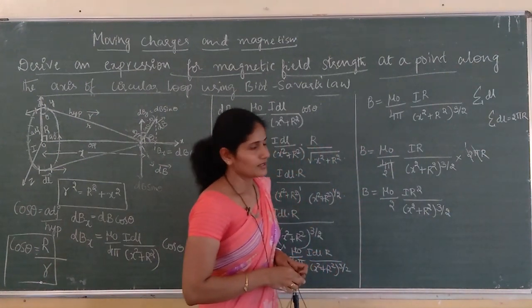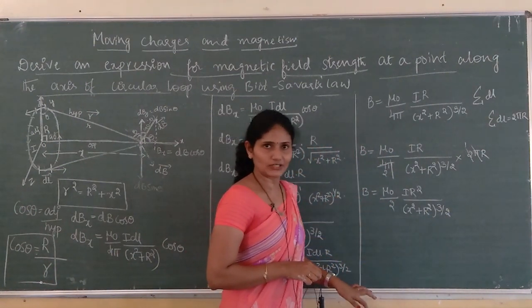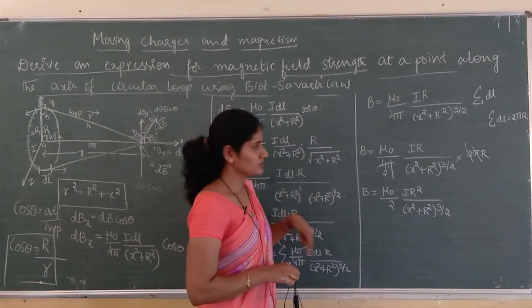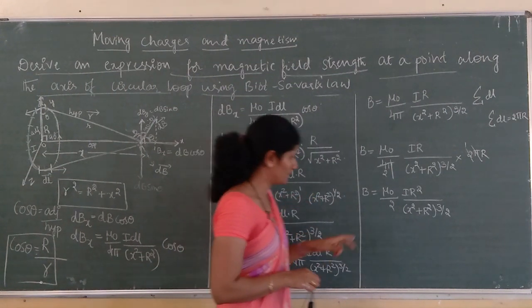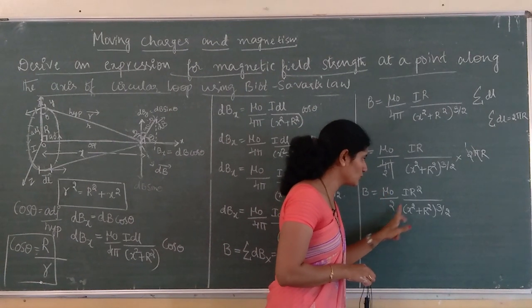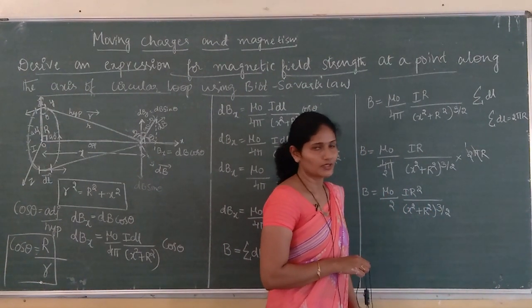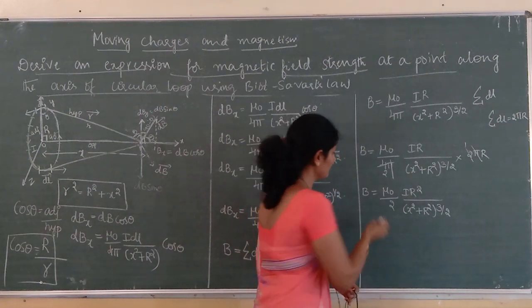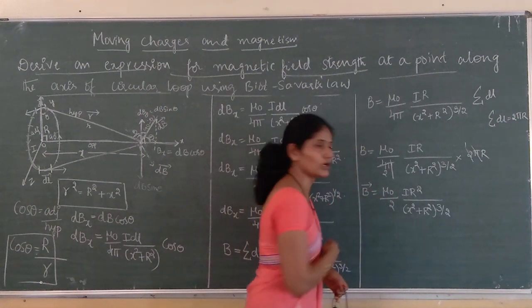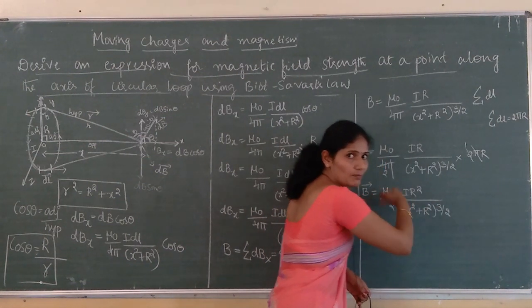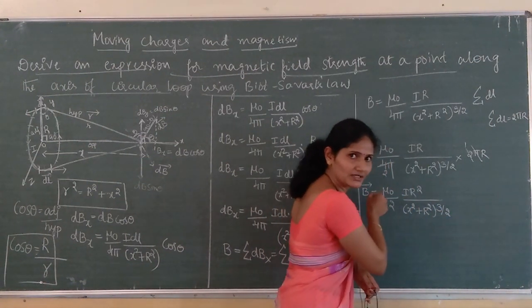So this is the total magnetic field at a point P due to the circular loop. B is equal to mu naught by 2 I r square divided by x square plus r square to the power 3 by 2. In vector notation, B vector is equal to magnitude into unit vector, which is nothing but a vector.